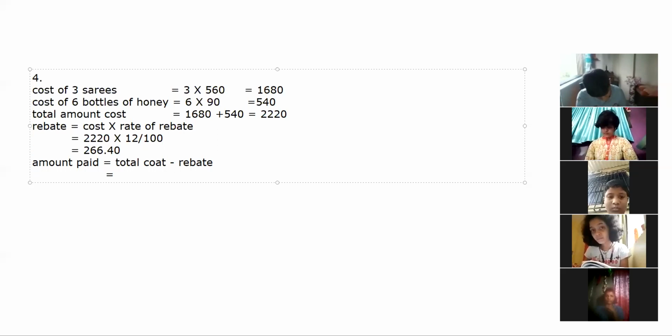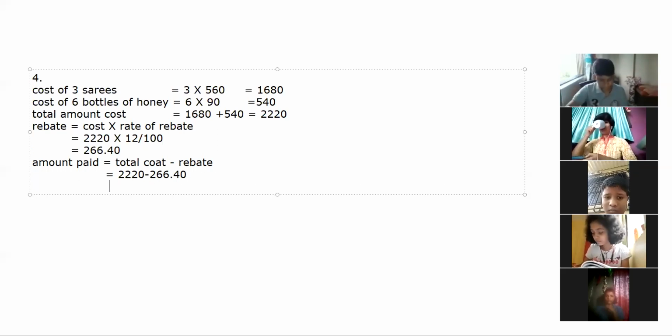That is 2220 minus rebate amount, 266.40. By solving this, you get the answer 1953.60. That is 1953.60.